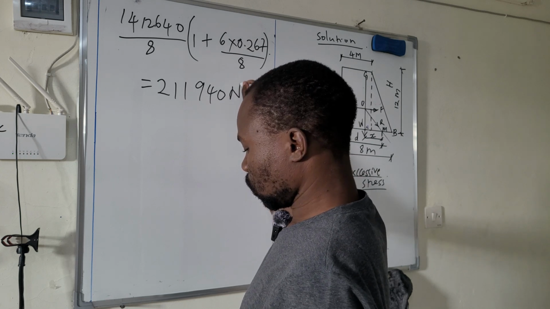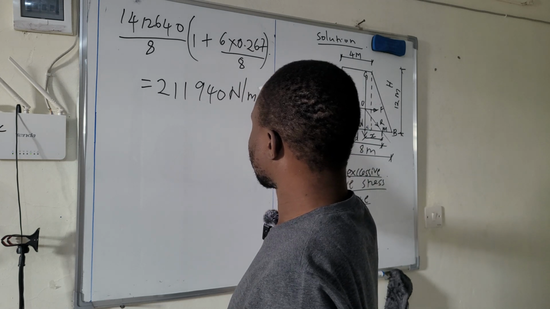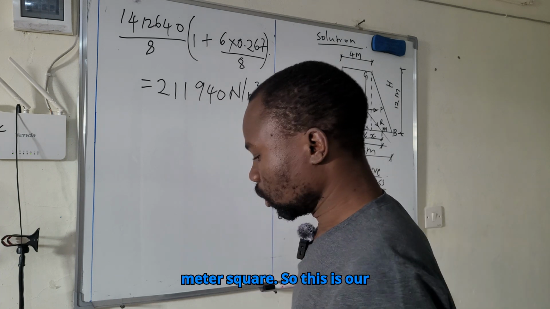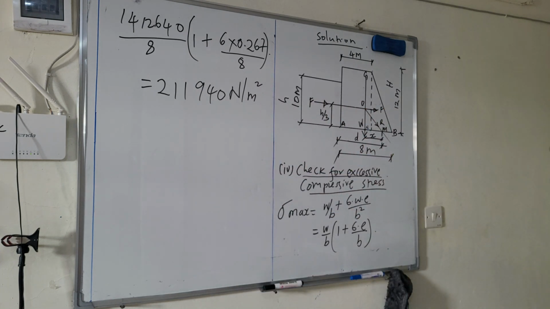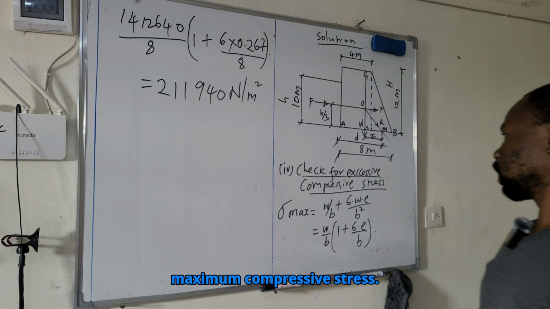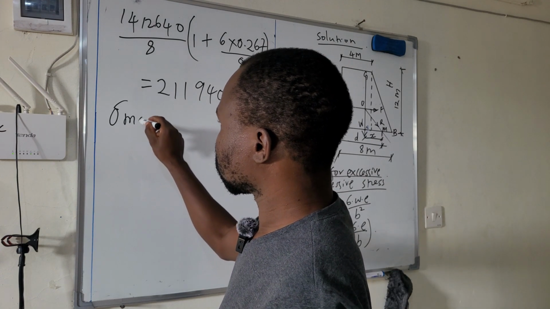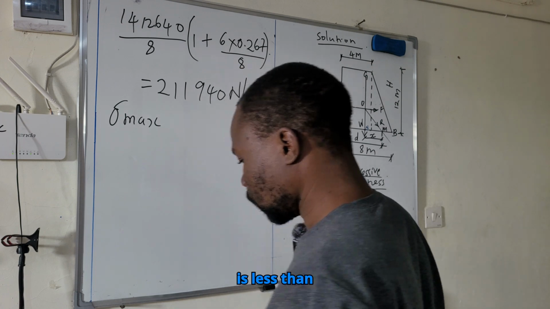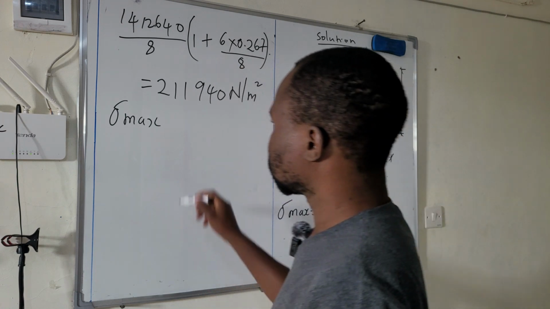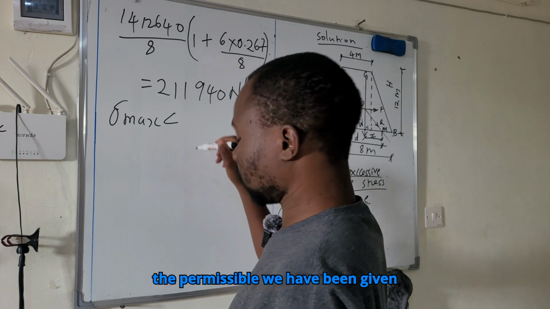So our final answer will be 211,940 Newton per meter square. This is our maximum compressive stress. As you can see, Q max is less than the permissible.